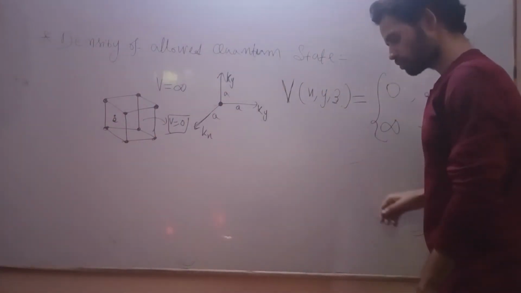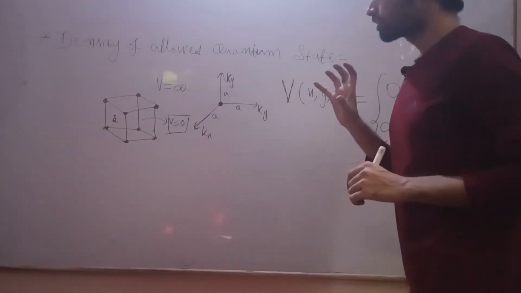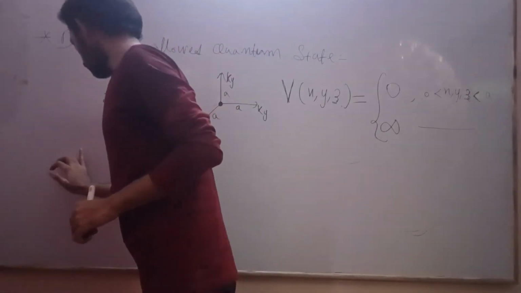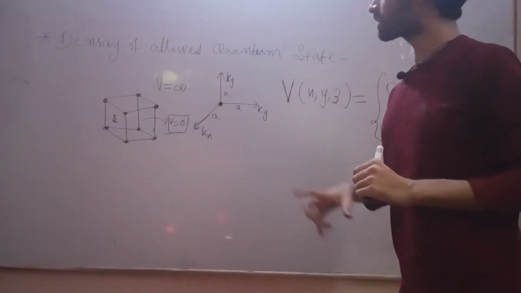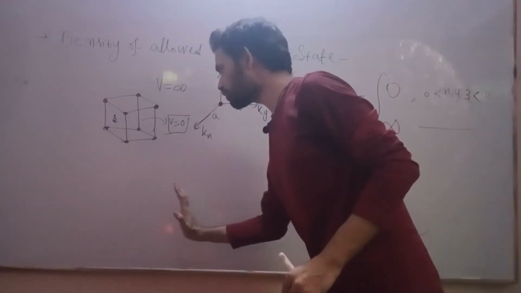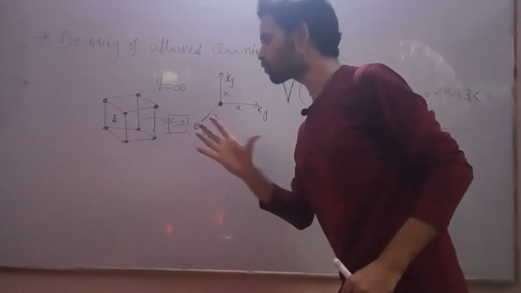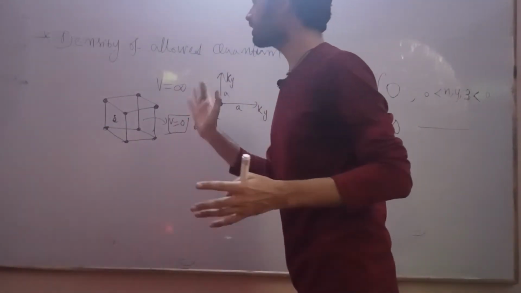Now we will extrapolate the result of the one-dimensional infinite potential well, because we did that in the past class.